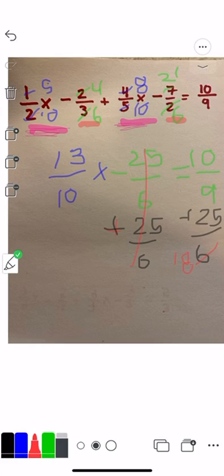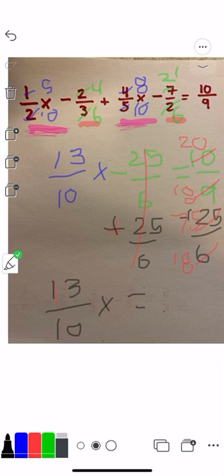I had to have multiplied by 3, so that's going to become a 75. If I want to change this to an 18, I had to multiply by 2, so the top will become a 20. So 20/18 plus 75/18, we're going to have 13/10 x equals 20 plus 75 is 95/18.